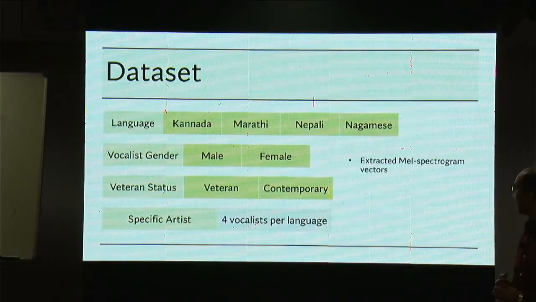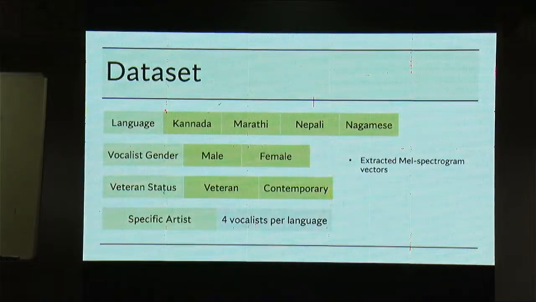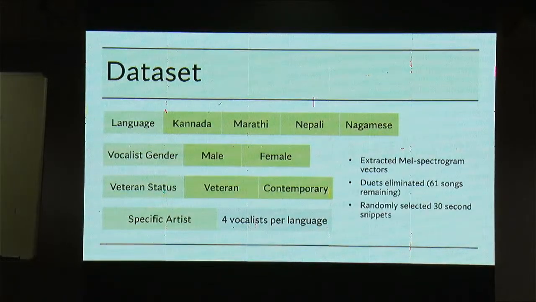Next slide please. So what we did was extracted MEL spectrogram vectors, then we eliminated some duets and things like that because we wanted to focus on a single performer, single artist. So in that 61 songs were remaining, and from that we randomly selected 30-second snippets.